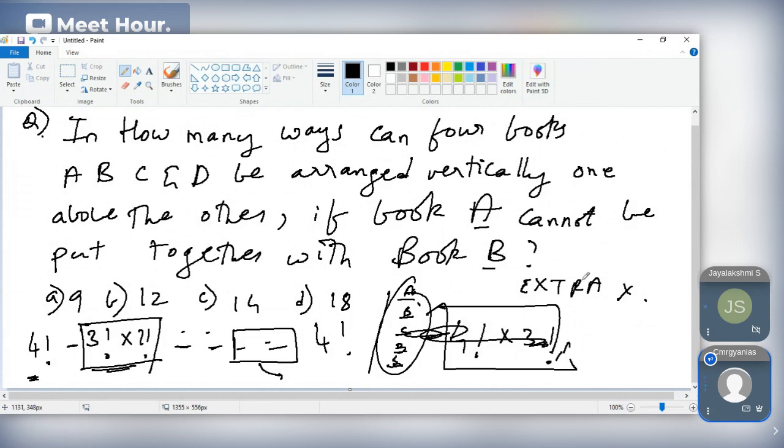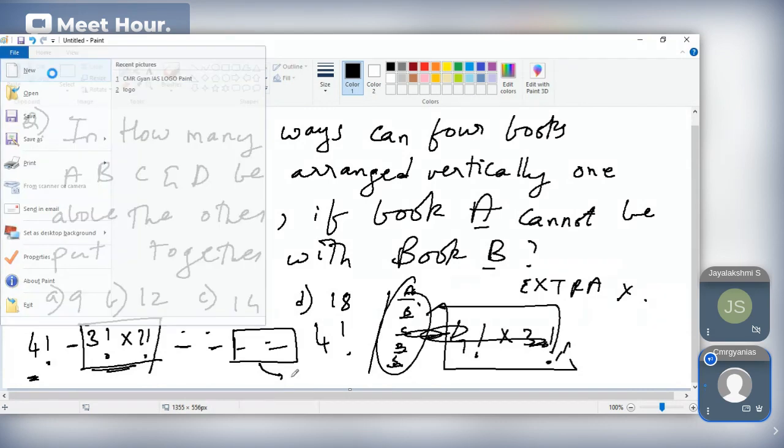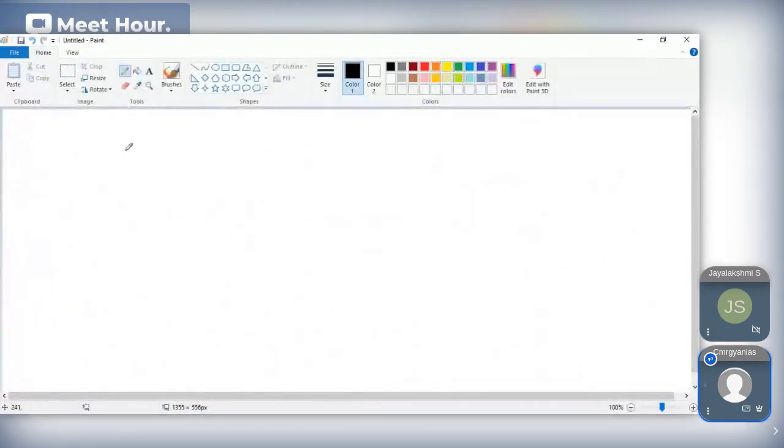Okay, one more question I'll give you. This type also we have already solved. This question has come in the UPSC exam in the year 2008. So write down the question.